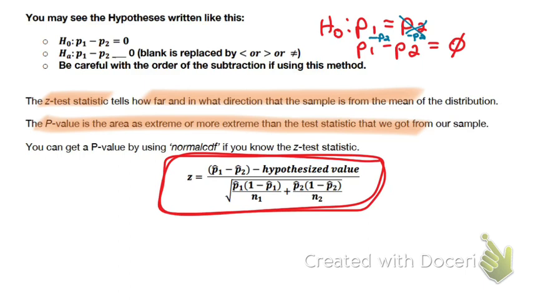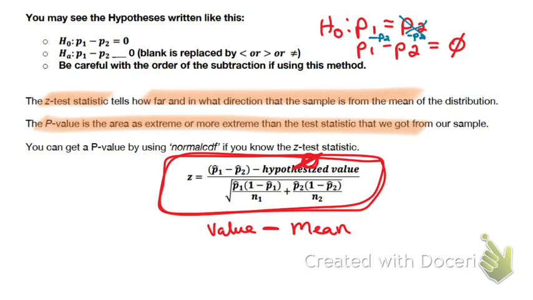This is the value of the sample, p hat 1 minus p hat 2, minus the mean of the hypothesized distribution. Now, most of the time, or actually all of the time, in these particular problems where we're assuming that they are equal to each other, that hypothesized value is going to be 0, because it's hypothesized that they have a difference of nothing.